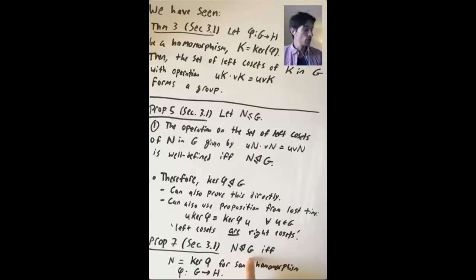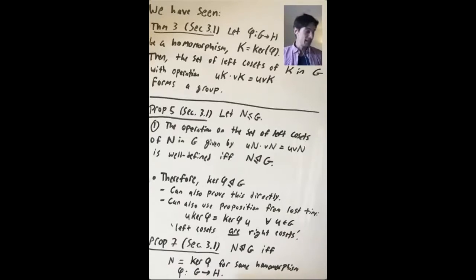That N is normal in G if and only if N is equal to the kernel of phi for some homomorphism phi from G to some group H. So the set of normal subgroups is exactly the set of subgroups that occur as the kernel of some homomorphism.